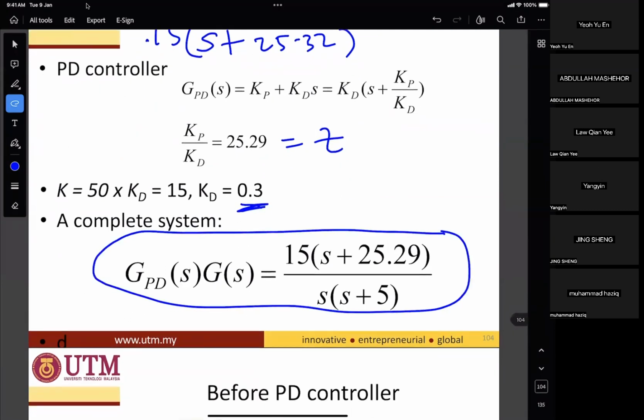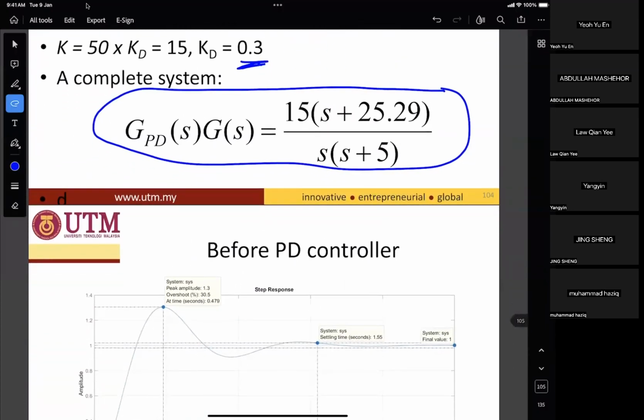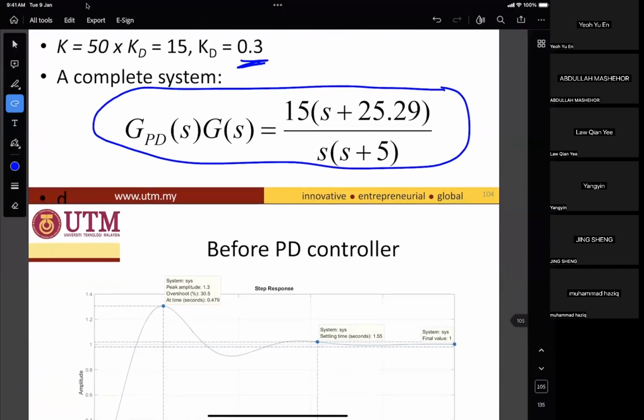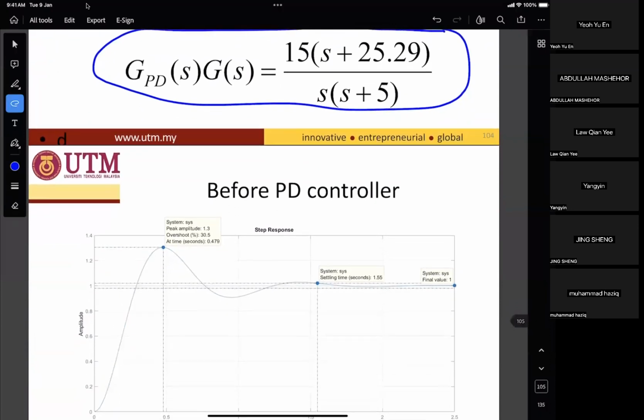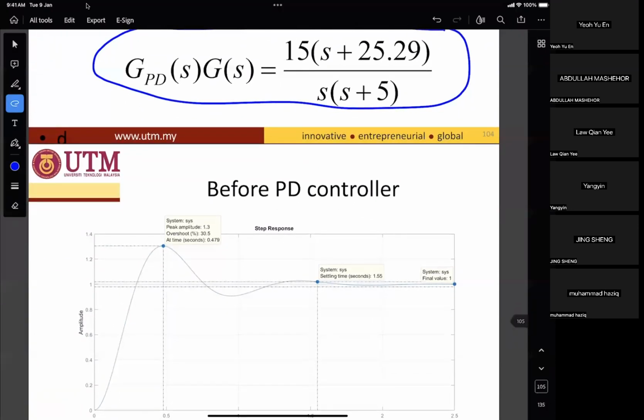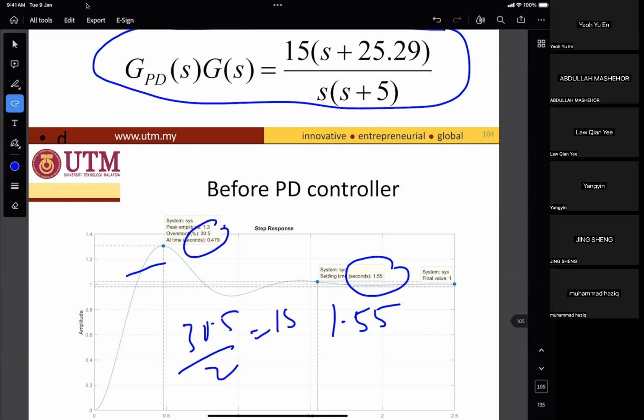Then we check, okay, is it fulfilled? The design spec. Okay, settling time 1.55. Overshoot is 30.5. This one is before. So before, 30.5 divided by 2 is 15%.